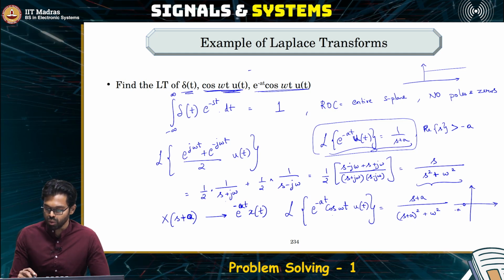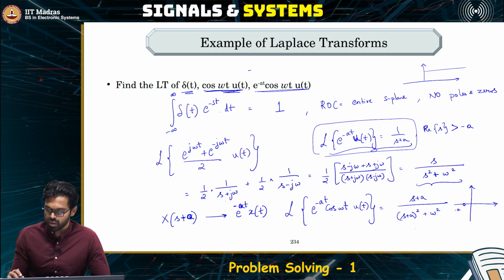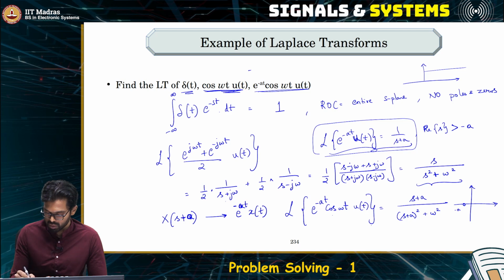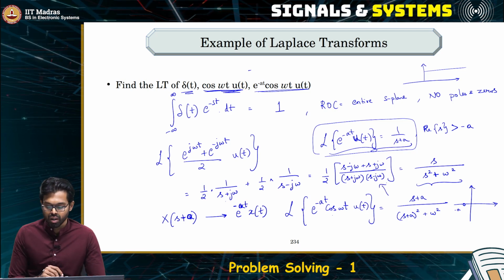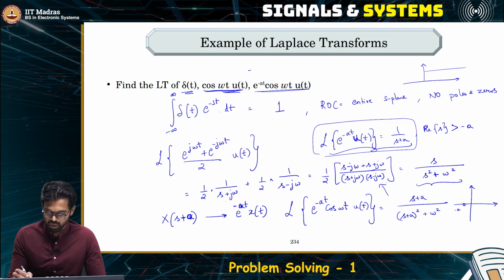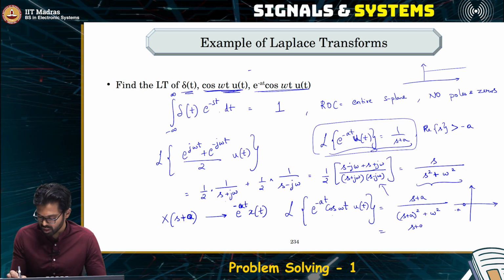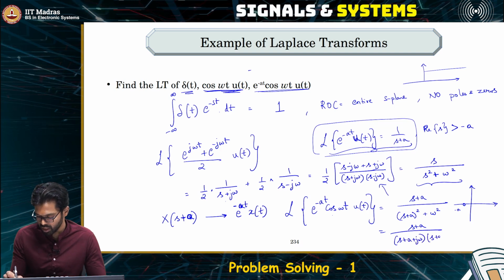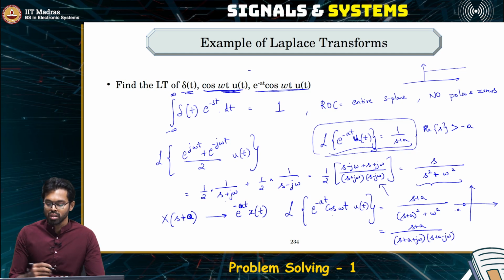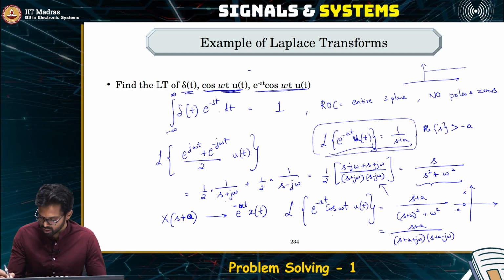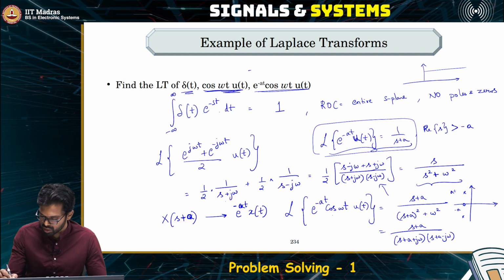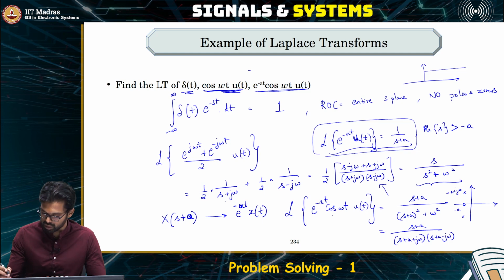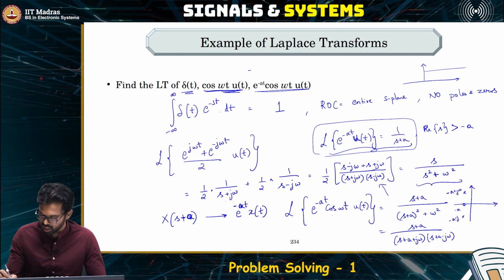Okay, and where are the poles now? As you can remember, you can just simply replace s with s plus a here directly. So if you replace there, we will get s plus a by s plus a plus j omega times s plus a minus j omega, which means the poles are now going to be present at minus a plus j omega and minus a minus j omega.